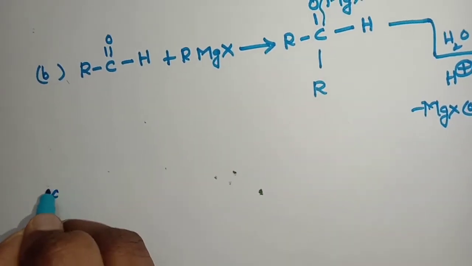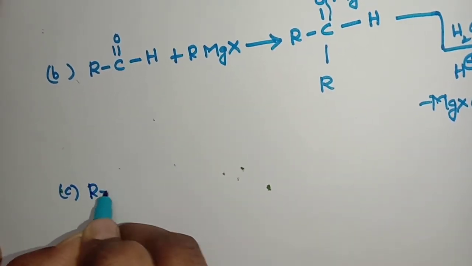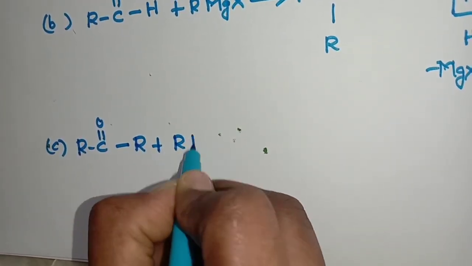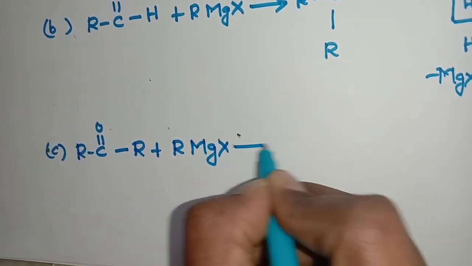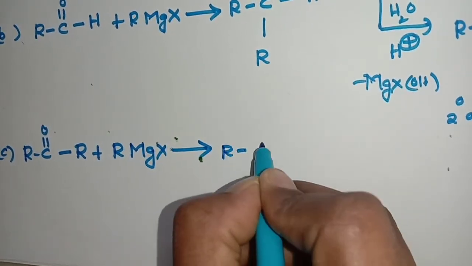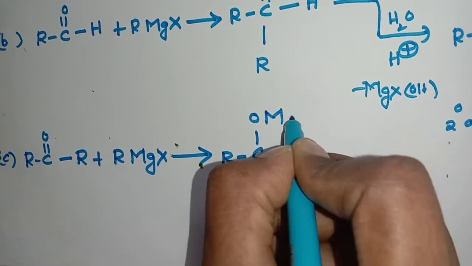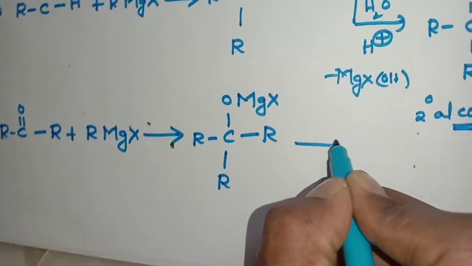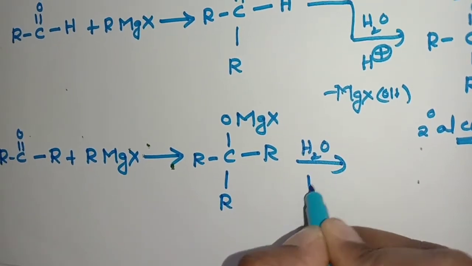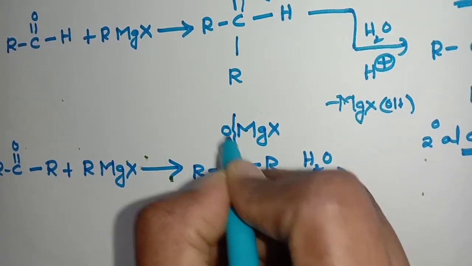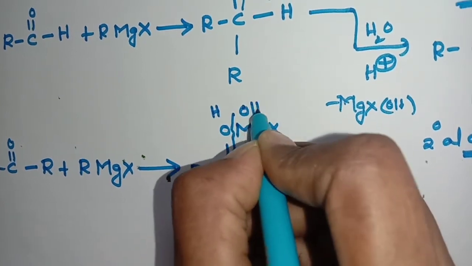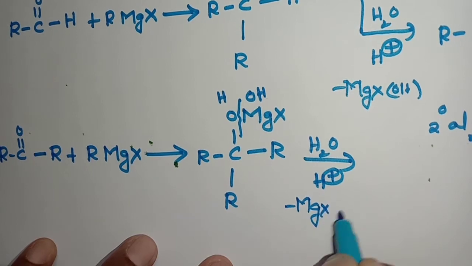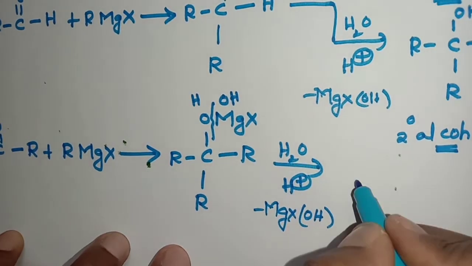Next, coming to ketones. Let me take R, C double bond O, R plus RMgX gives rise to R C O MgX R. Okay, this followed by hydrolysis in the presence of an acid. Similarly, here comes OH, this side comes H. So minus MgX OH. So what remains?